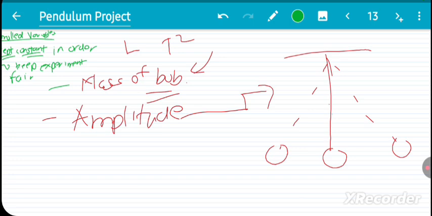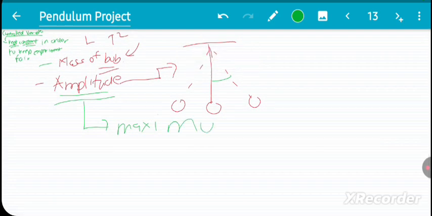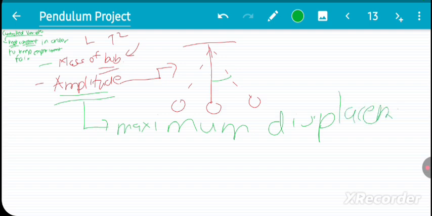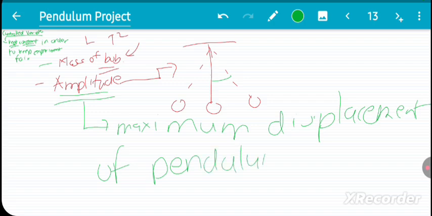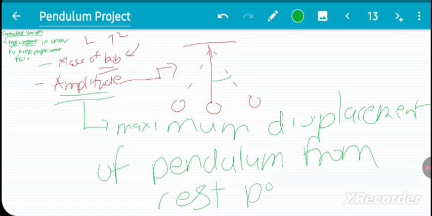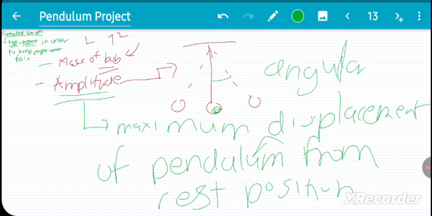In physics, we define an amplitude as the maximum angular displacement of the pendulum from rest position. It is an angle. We talk about an amplitude in terms of an angle.